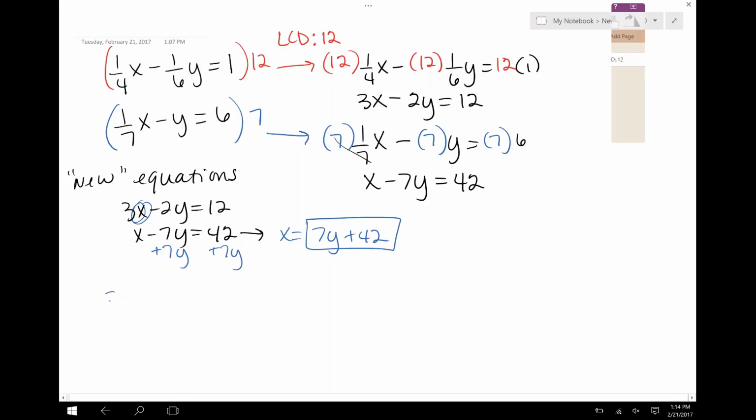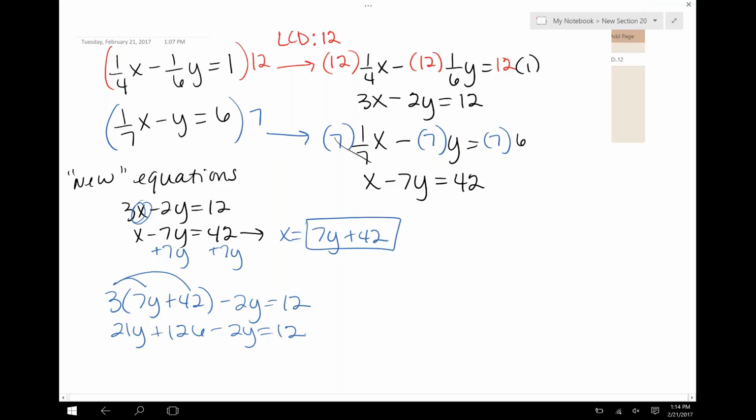So that would be 3 times (7y plus 42) minus 2y equals 12. Then I would distribute the 3. 3 times 7y is 21y. 3 times 42 is 126. Bring down that minus 2y equals 12.